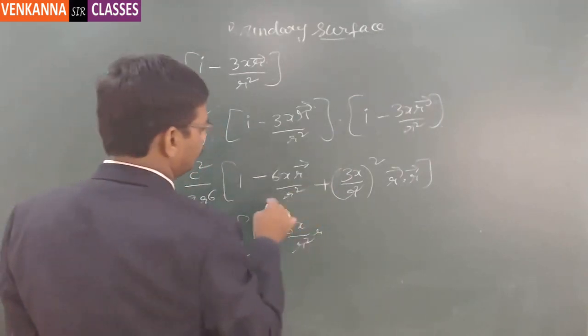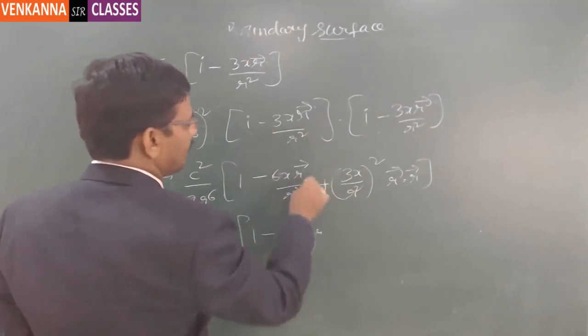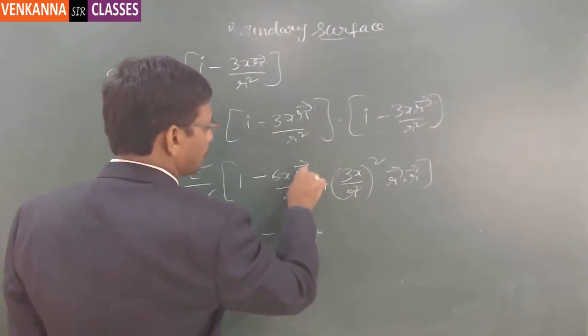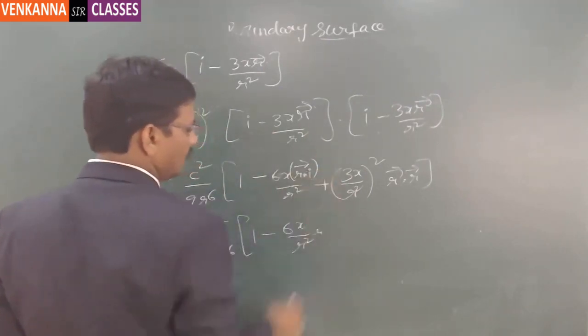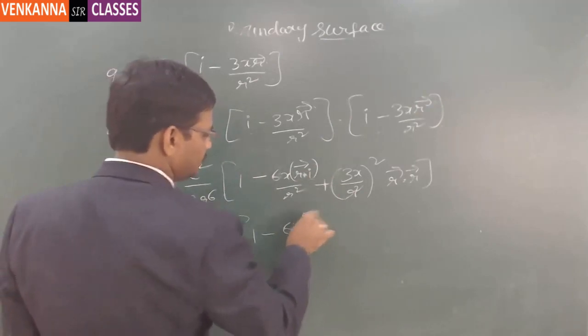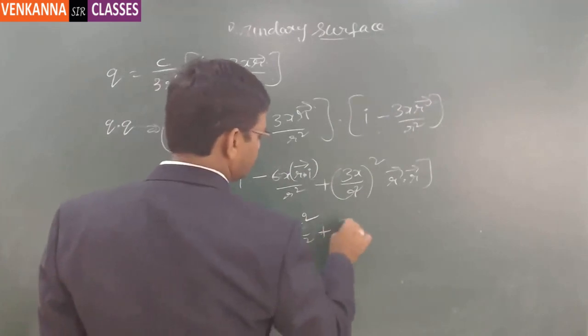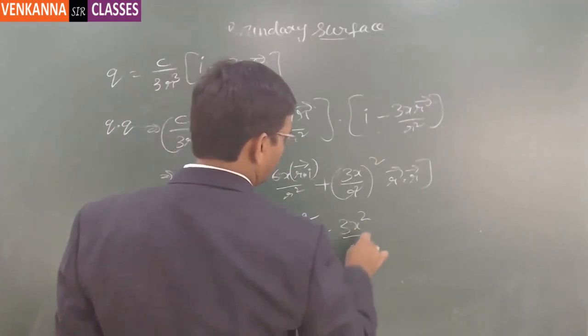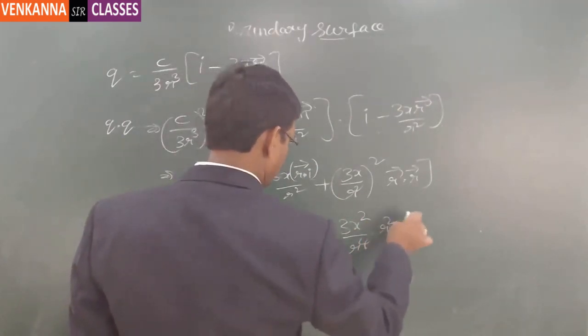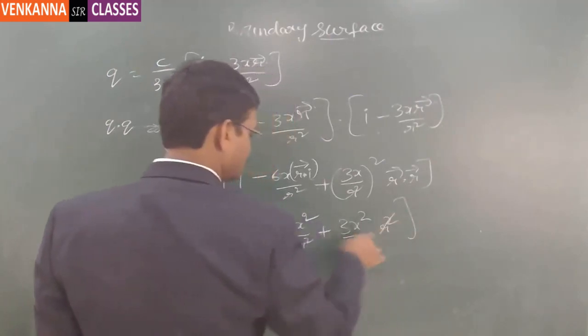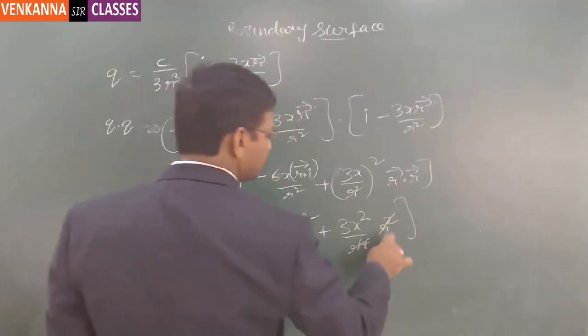Here r bar dot i will be x, so this is x square plus 3x square by r power 4 into r square. This r square cancels.